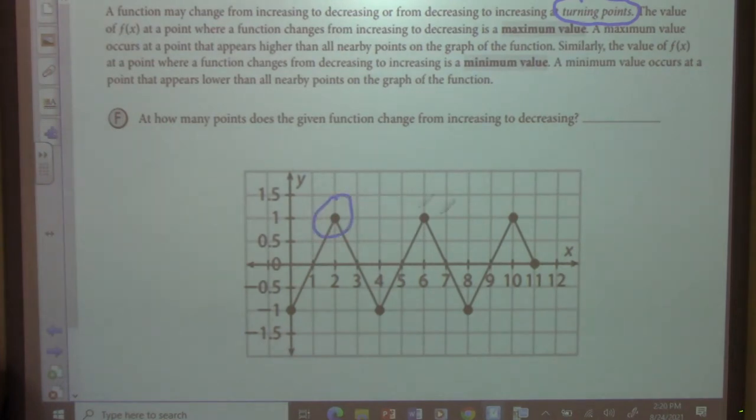There's 1, right? Here we're changing from increasing to decreasing. And then we're changing another time from increasing to decreasing. So what's our answer here? 3. So we have these 3 turning points that change from increasing to decreasing. So that's what they are, right?